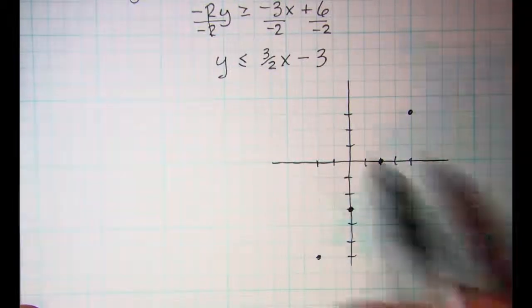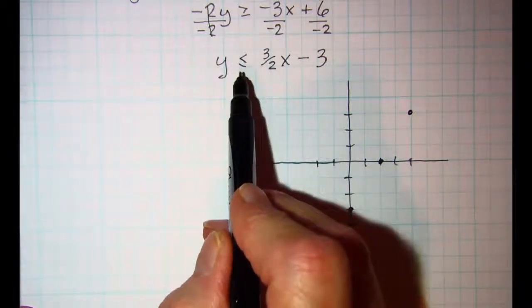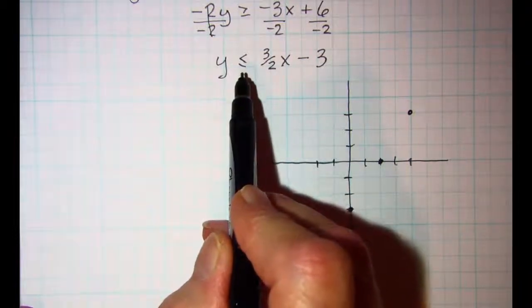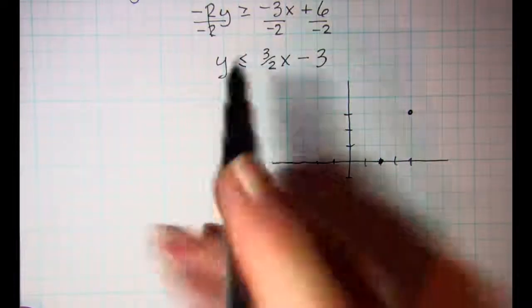Now, if we have less than or equal to, or greater than or equal to, we draw a solid boundary line.